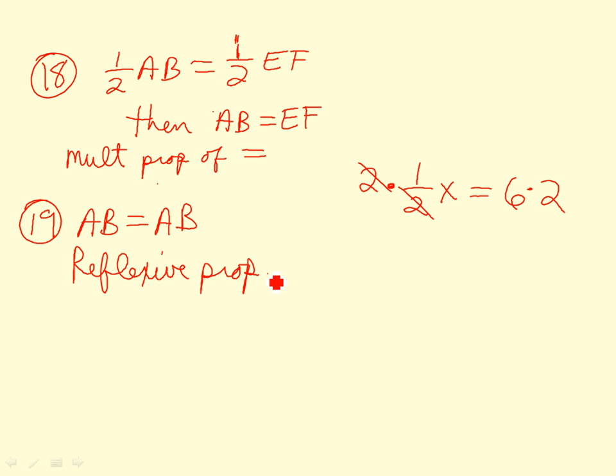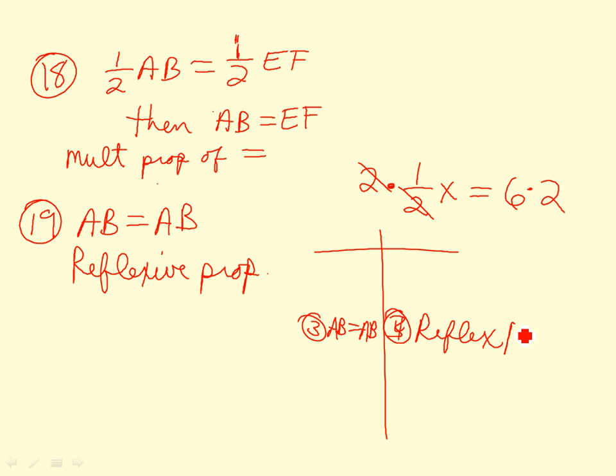When we're doing a 2-column proof, and one of your statements has to be segment AB equals segment AB, you're going to put reflexive property over here. Now remember, it's reflexive property, not reflective. You're not reflecting anything, it's reflexive.